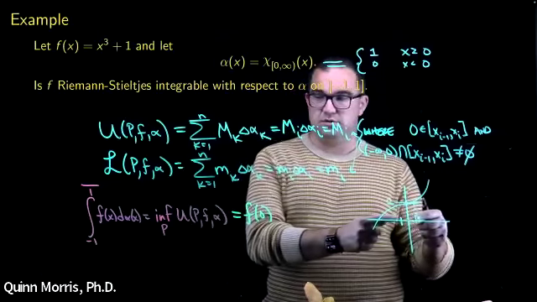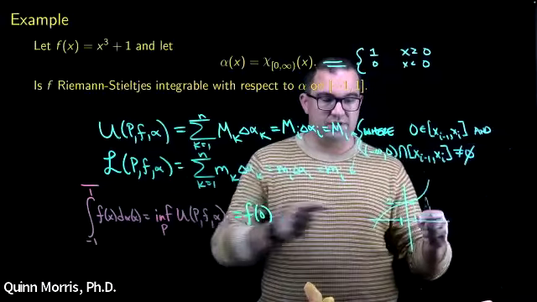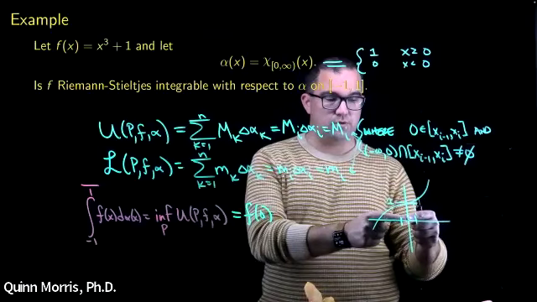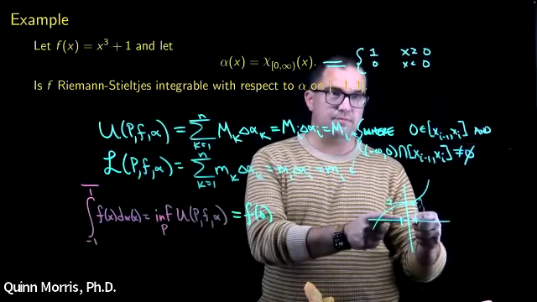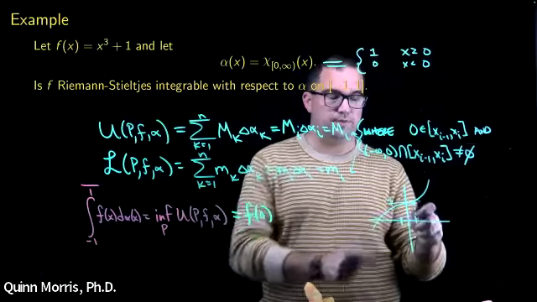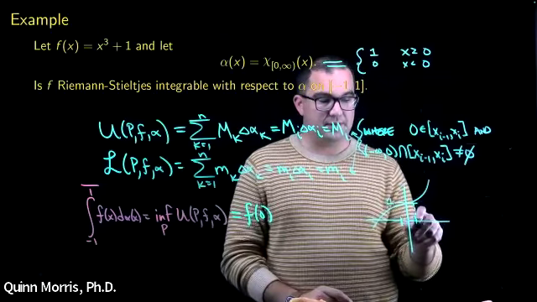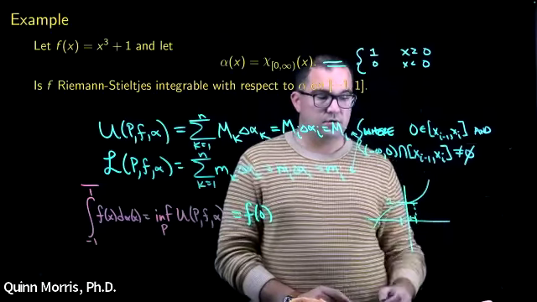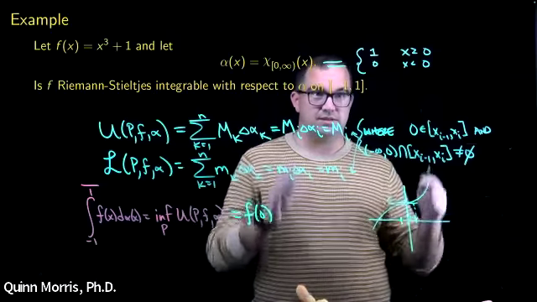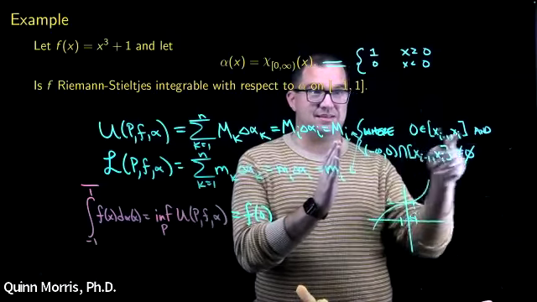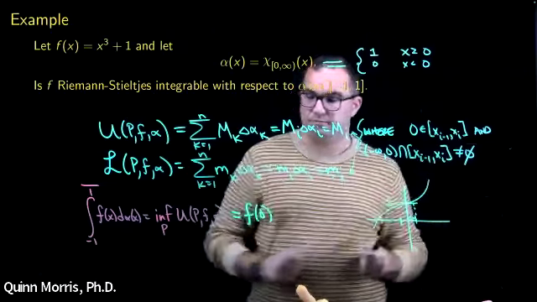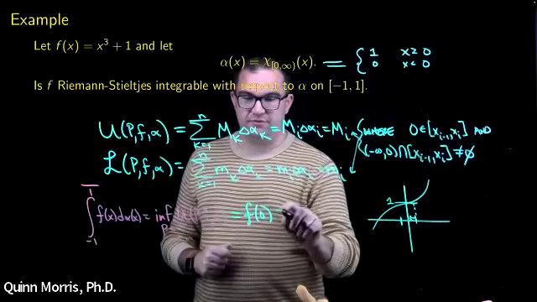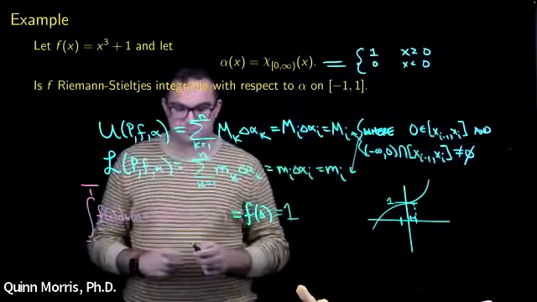But to take this infimum, these intervals have to be getting smaller and smaller. In particular, this one must be getting smaller and smaller. And so this is moving closer and closer to 0, because 0 has to remain in this interval. So we just collapse to f of 0, which is 1.